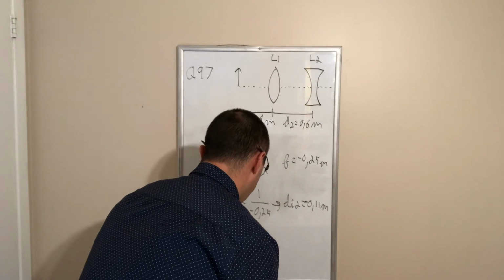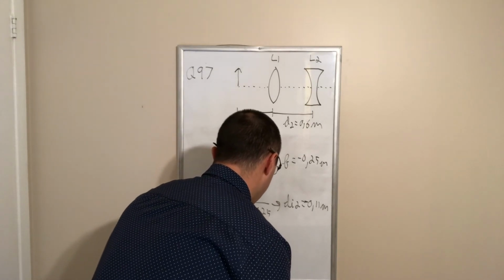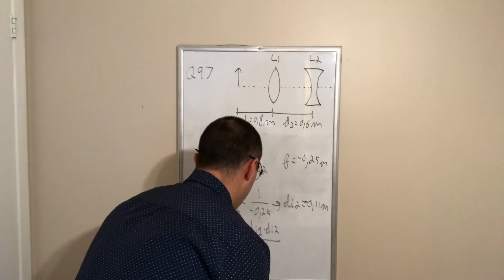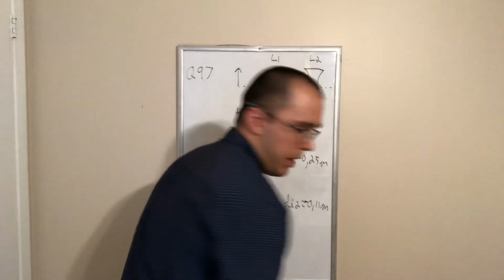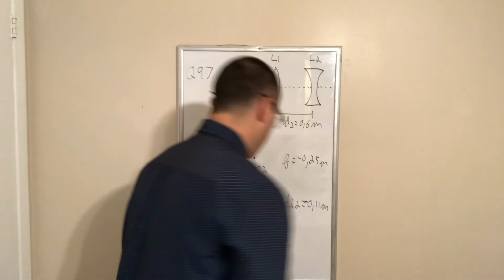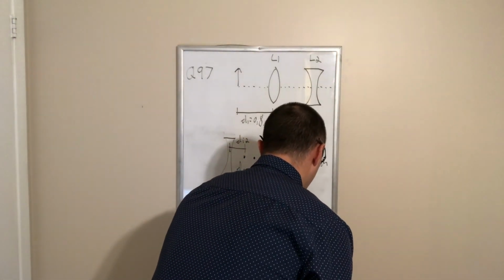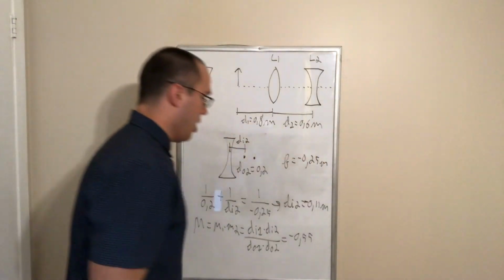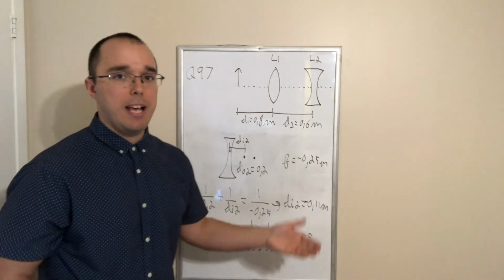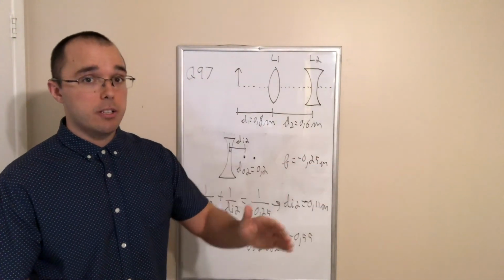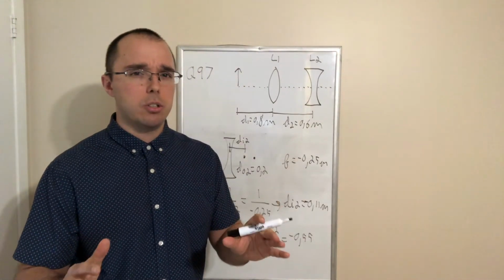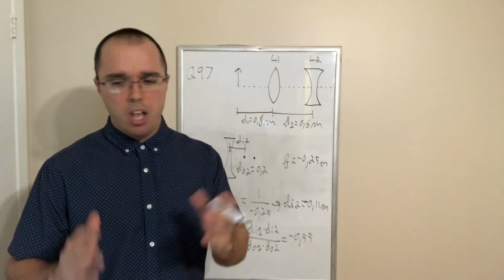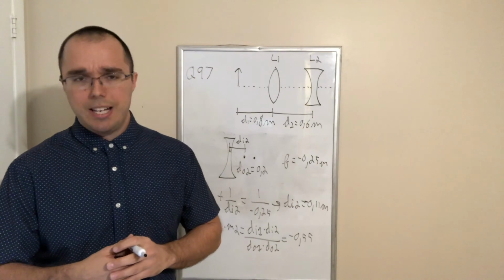It's equal to DI1 multiplied by DI2 divided by DO1 multiplied by DO2. And we get, in this case, minus 0.55. The minus means the final image will be inverted, and 0.55 means the final image will be smaller than the original object. All right, so that's it for question 97.